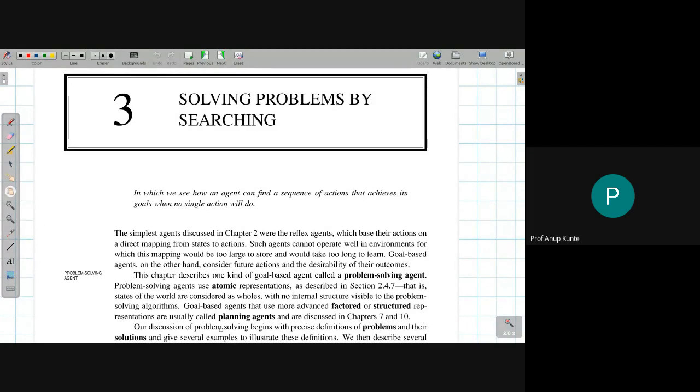Not 1.5, rather 2.5 modules of your syllabus revolve around this chapter number 3 from the book, AI: A Modern Approach, by the author Russell Norvig.